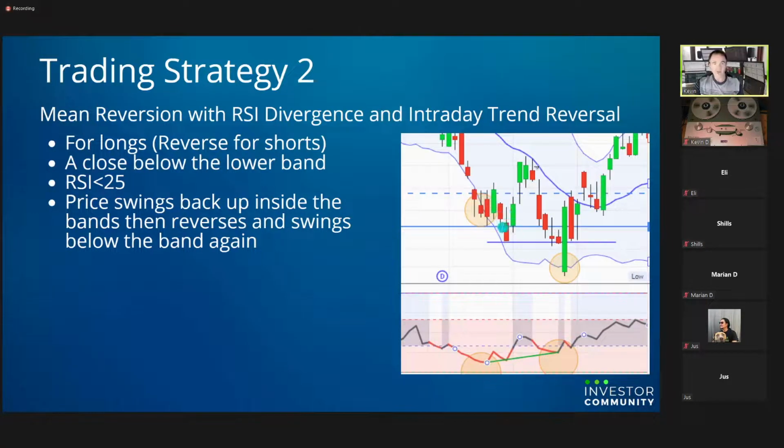It eventually swings back up. We get all the way to the moving average, and then price swings back down again, and eventually breaks out the bottom of the band here on this big green candle.